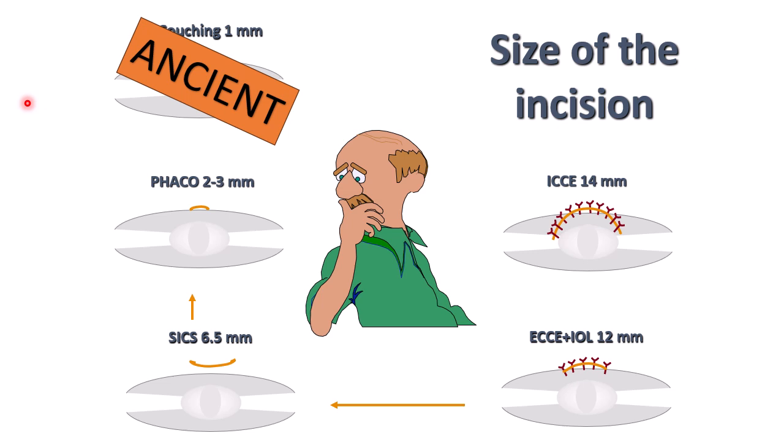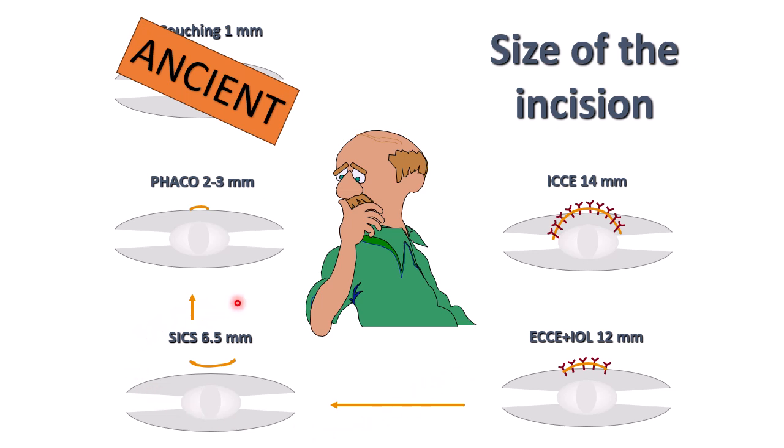Now, with the advent of modern surgery came intracapsular cataract extraction, which I have explained in the previous slide. This involved a large incision of about 180 degrees, measuring about 14 mm. With further refinement in surgery came the technique of extracapsular cataract extraction and IOL implantation, with which came the advantage of a smaller incision size of about 12 mm.